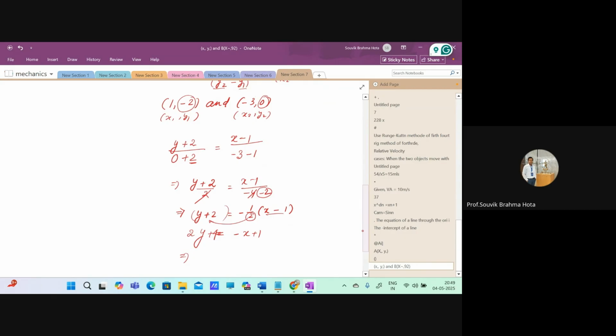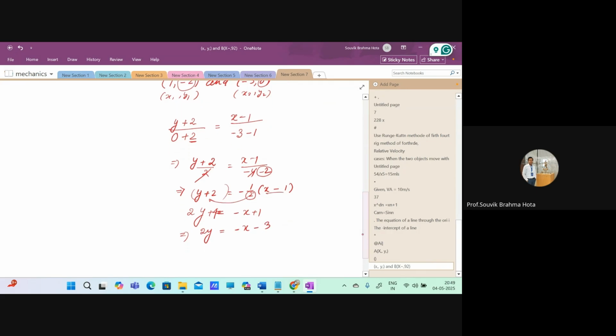So 2y is equal to minus x and then minus 3. And therefore y is equal to minus half of x minus 3 by 2.